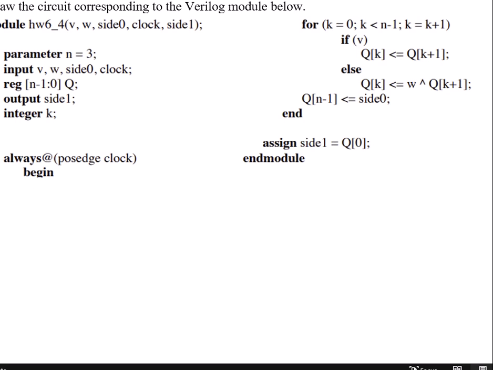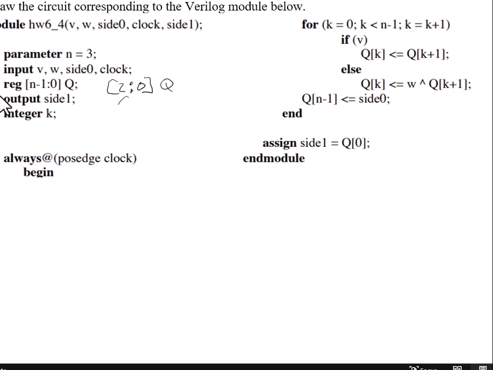And here this Q is a reg, so we know we're changing it inside an always block. And it's a vectored signal, and you can tell that by these square brackets on it. That tells you how wide it is. So since n is 3, this is 2:0 is Q. That means that it's 3 bits wide: 0, 1, 2.